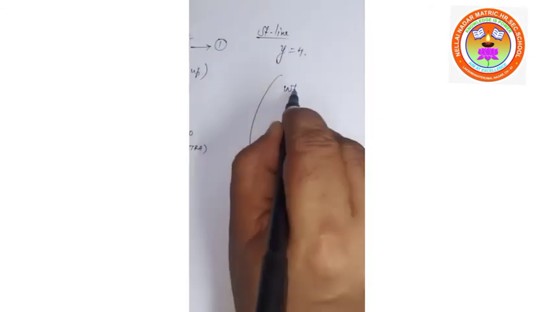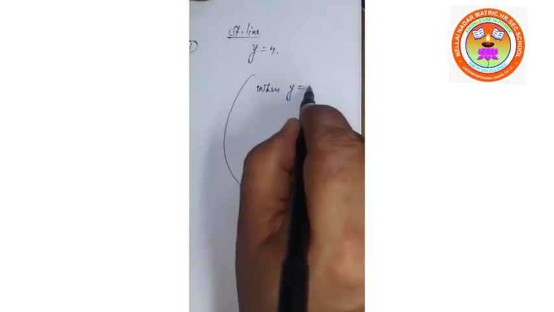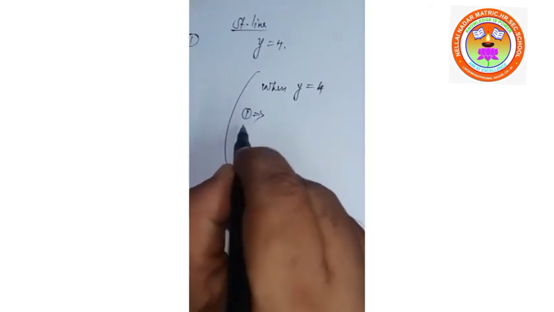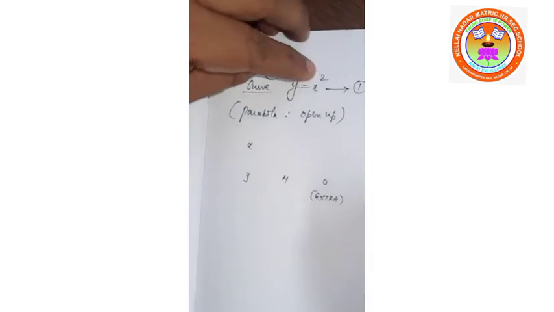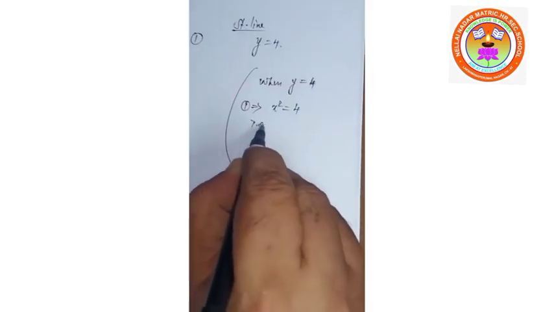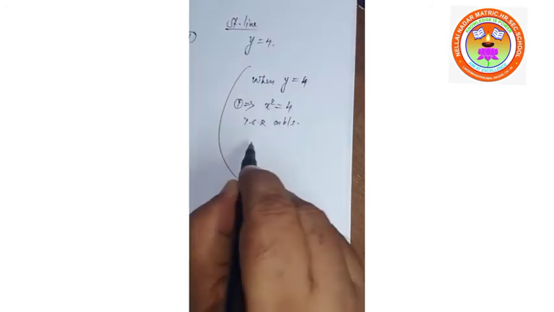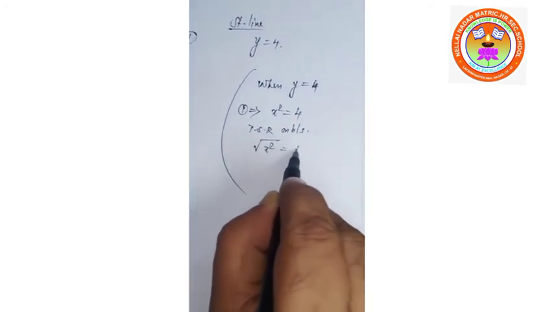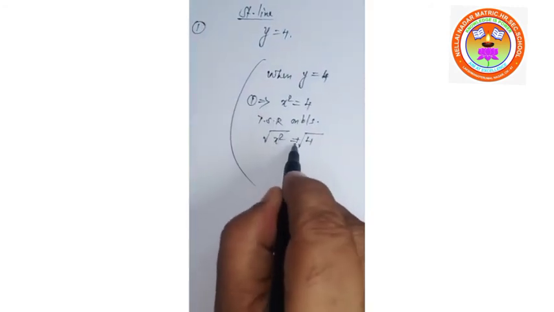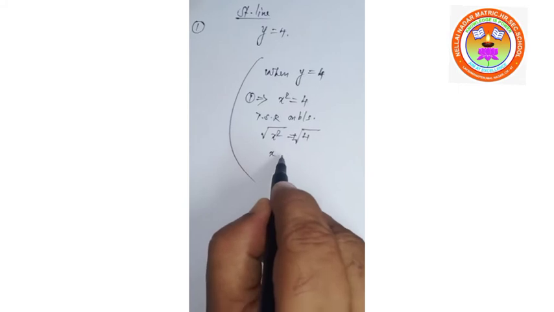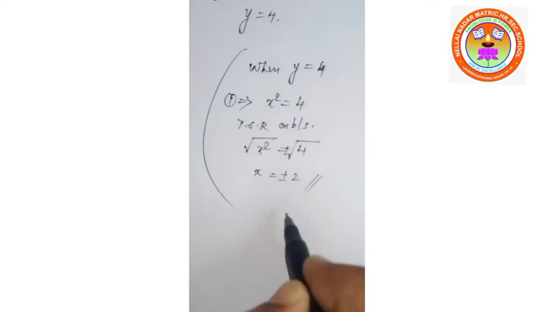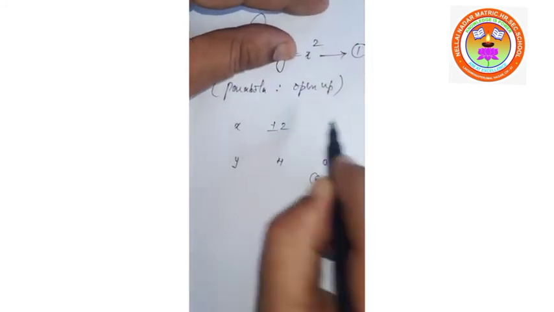Now, when y equals 4, equation number 1 implies x squared equals y. Y can be replaced by 4. Taking square root on both sides, since x squared is there, you have to introduce plus or minus. So x equals plus or minus root 4, which is 2. So x equals plus or minus 2.